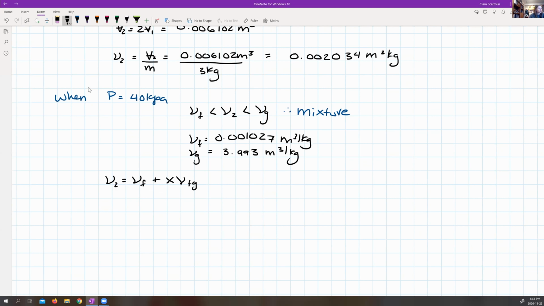Because V2 is known, VF is known, and VFG is known, I'll be able to find my value for X. I'll be able to find the quality of the mixture. So I know that V2 is 0.002034. VF was 0.001027. My quality of X and my VFG, I just do the subtraction.